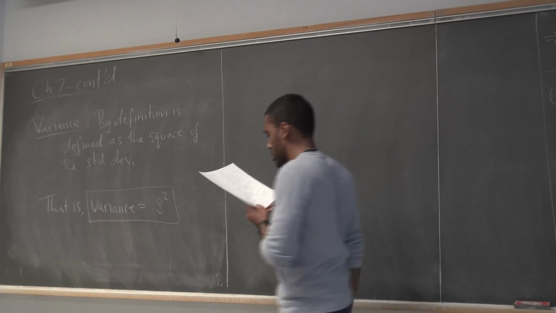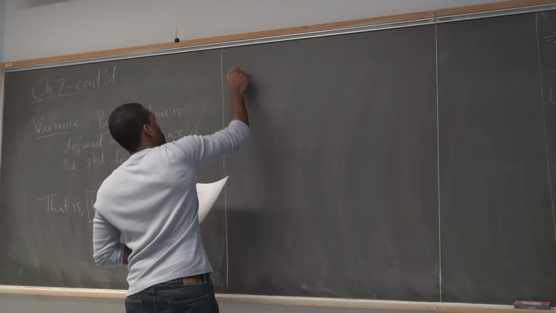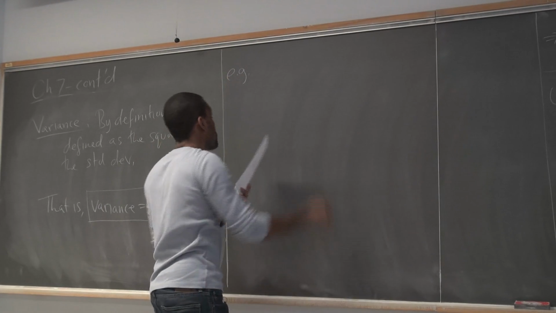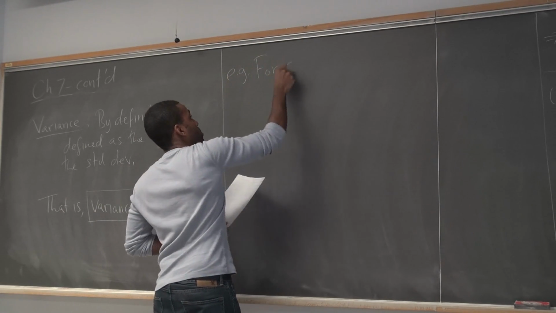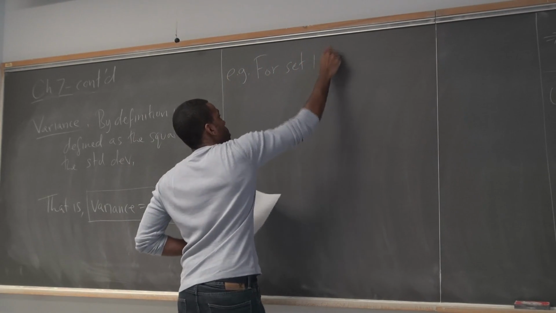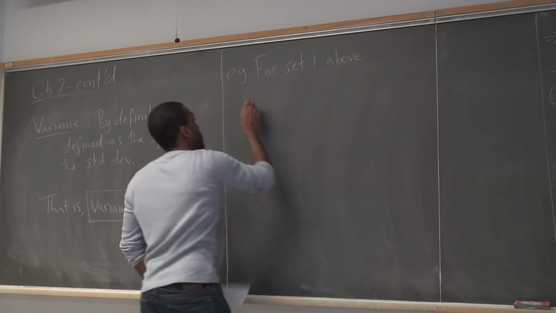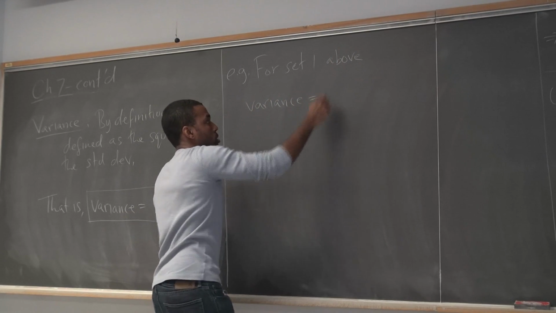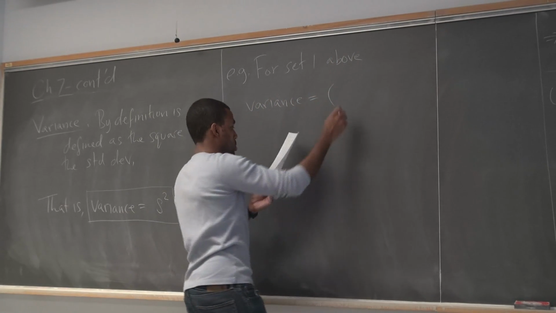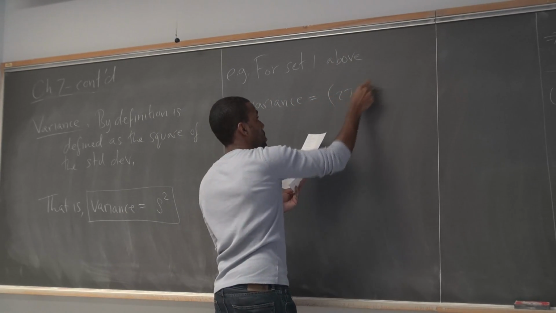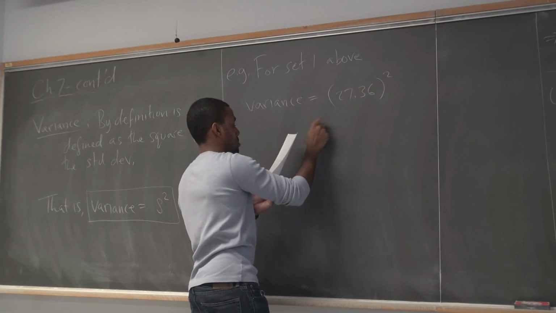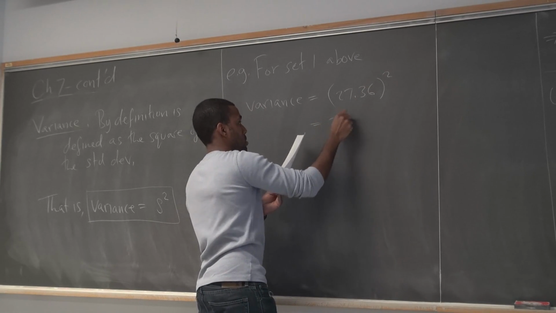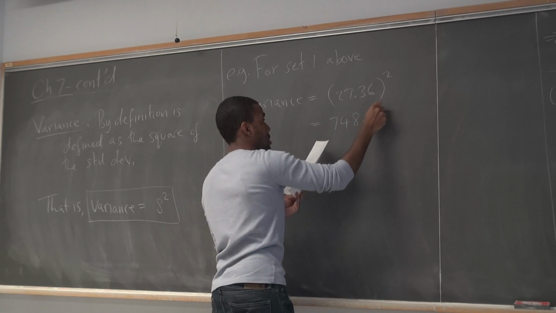So, for example, for set 1, your variance, s squared, would just be equal to the standard deviation squared, which was 27.36 squared, which was 748.67.